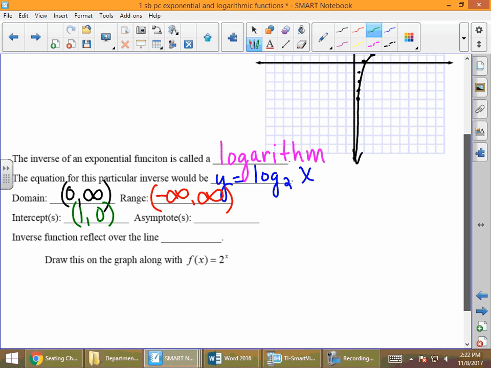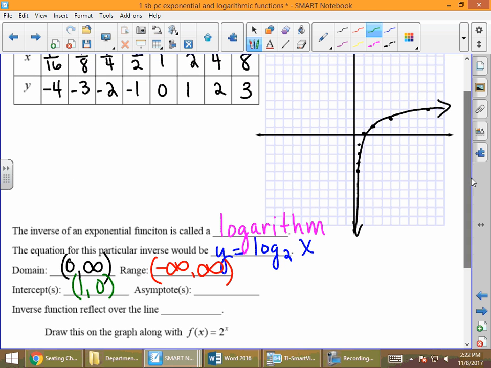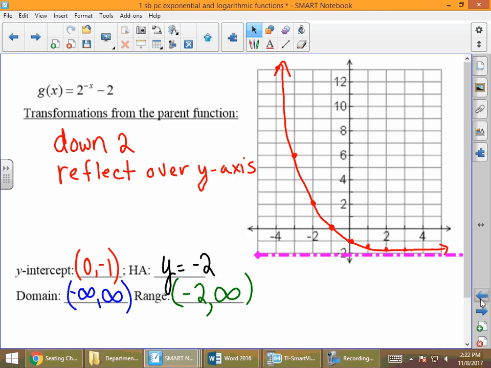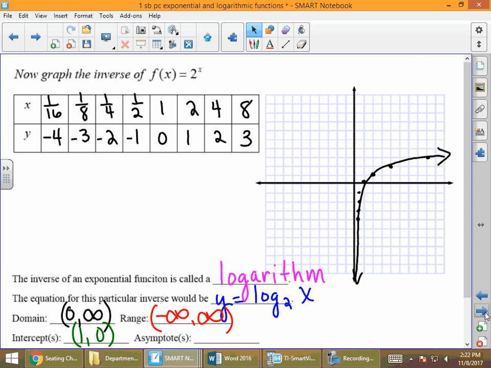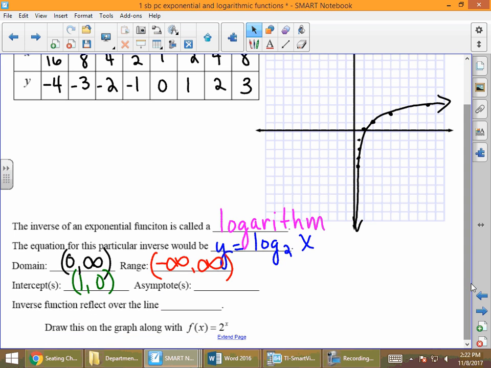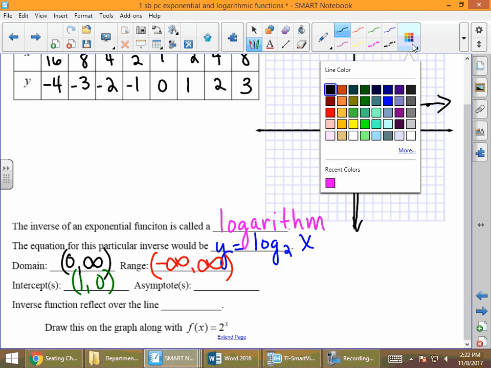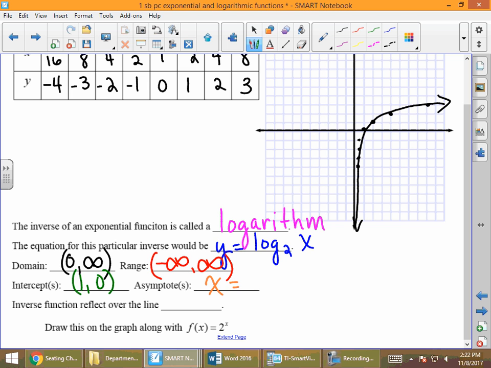In this particular graph, we do have an asymptote. And if you think about it, once again, back here on problem number 2, our asymptote was y equals 0. We've switched everything else, and that's what's going to happen here as well. We're going to have x equals 0.